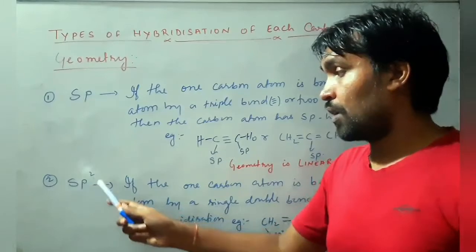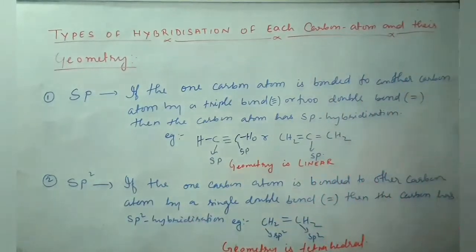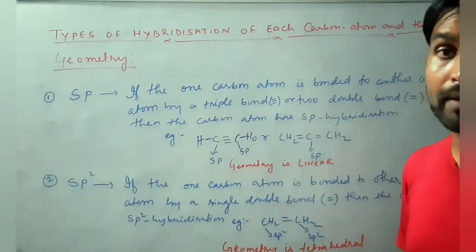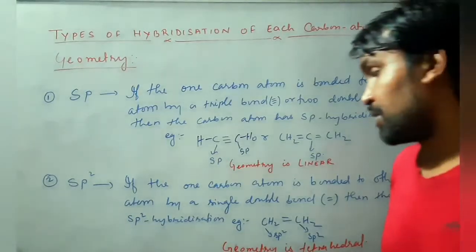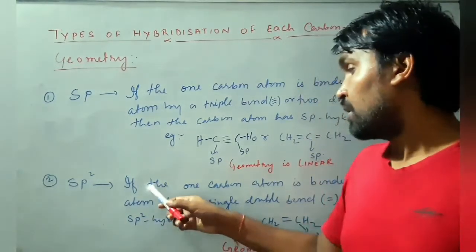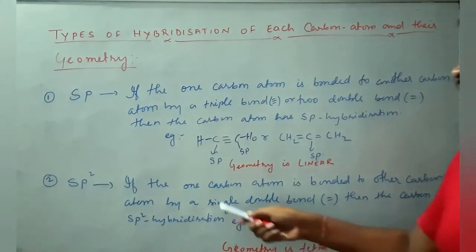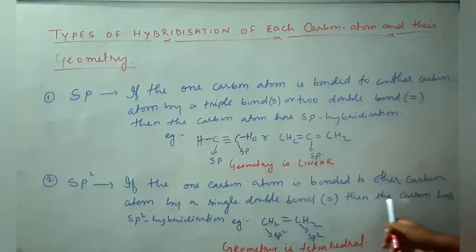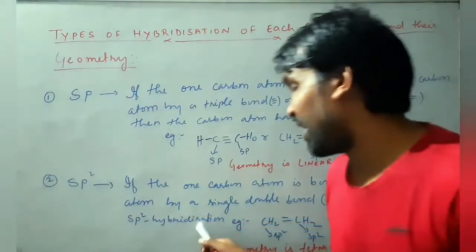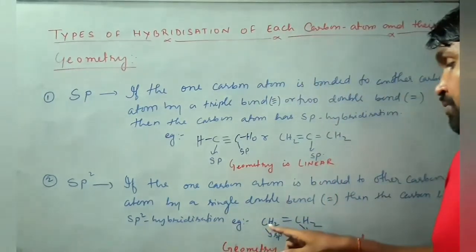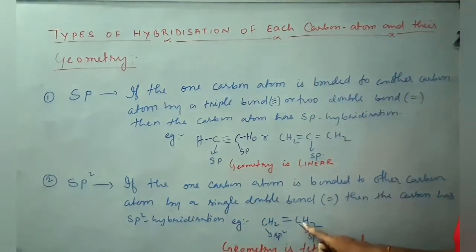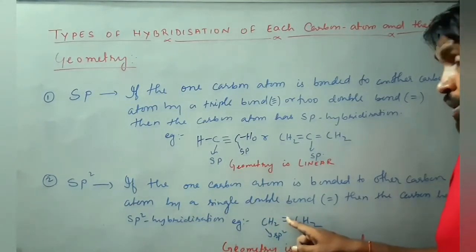Now sp2 hybridization. In what conditions will they have sp2 hybridization? If one carbon atom is bonded to another carbon atom by a double bond, then the carbon has sp2 hybridization. For example, you see here CH2. This carbon is attached to how many double bonds?